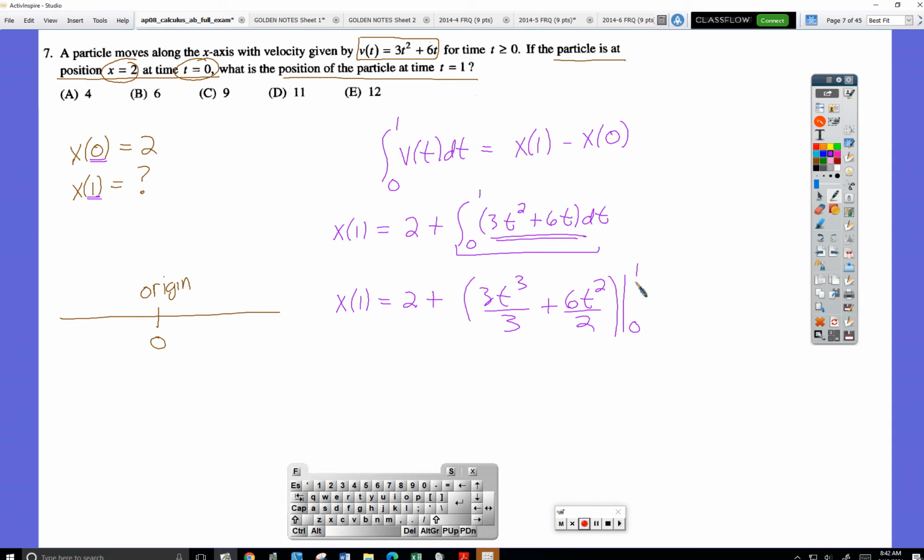Question? Please. Instead of doing limits and stuff, can you just immediately take v of t, find the antiderivative of it, and then, because you know at 0, x equals 2, set c equal to 2? Solving it that way, it looks like it works.